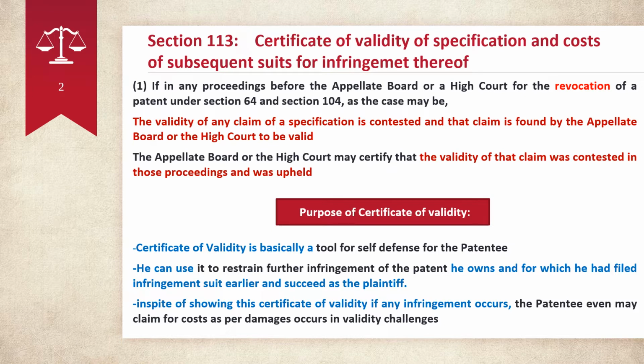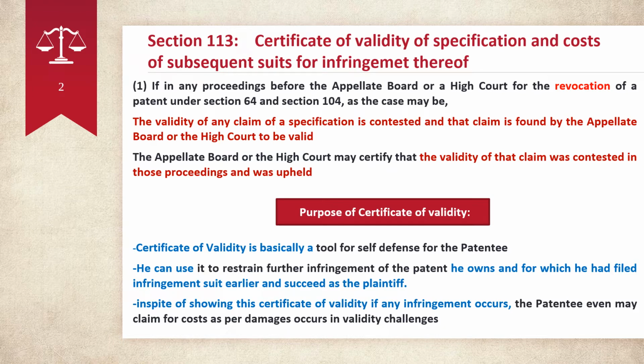That is, for any claim of the specification, there is a question on the validity of that claim. And if the Appellate Board or High Court finds that the claim is valid, then the Appellate Board or High Court may certify that the validity of that claim was contested in those proceedings and was upheld.